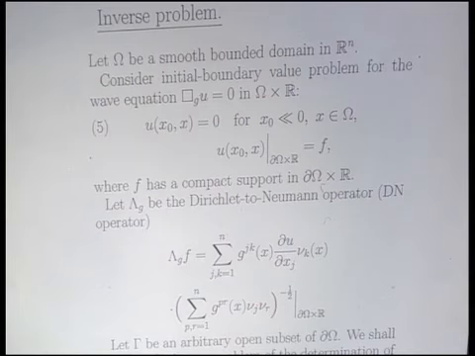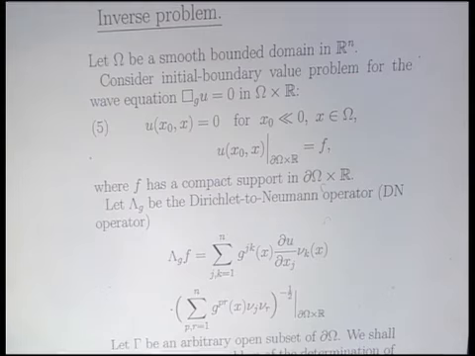Suppose we take an arbitrary open subset gamma of the boundary, and we consider the problem of determining the metric by boundary measurements on gamma cross (0,T).